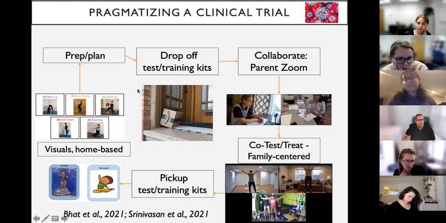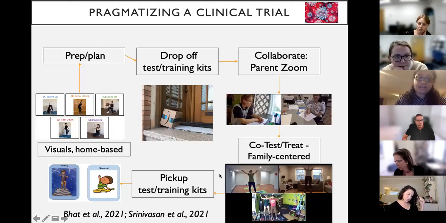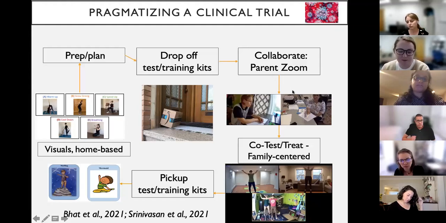And then we meet with the parent on Zoom, collaborate with them, and explain to them how these tasks are to be done. And then we do it with them. We co-test and co-treat with them, collect those data, collect the kits back, reset the kits, and redo this whole process with every child. And so that has been challenging, but there have also been advantages to doing this in terms of getting family buy-in.